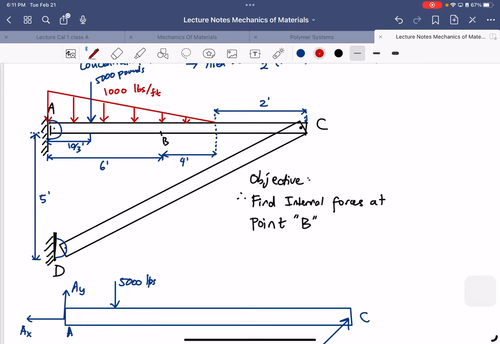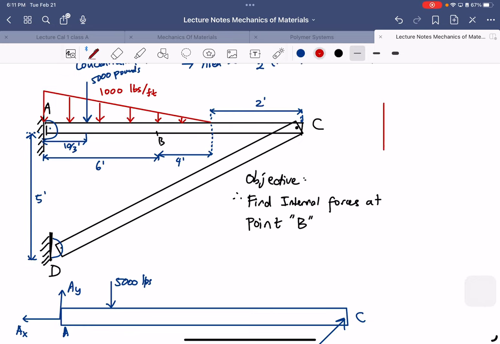So let me draw a triangle here: 5, 12, and this would be 13, and the angle is here. So sine theta is 5 over 13, cosine theta is 12 over 13.